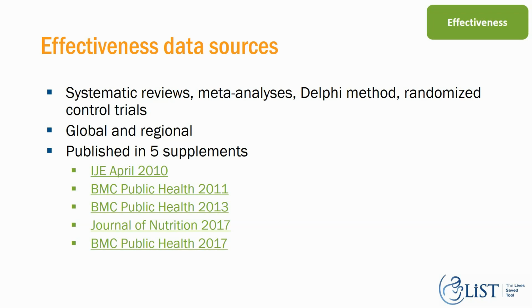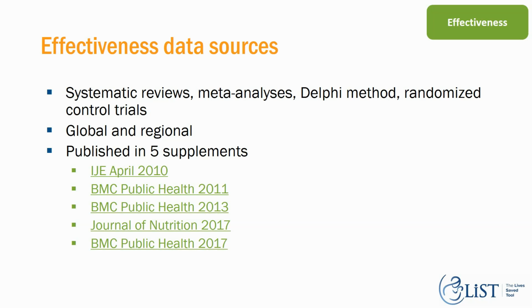The data sources for the effectiveness values that we have in LiST can be very varied. Usually it comes from systematic reviews, meta-analyses, the Delphi methods, and randomized control trials. In some cases, the estimates are global. In some cases, the estimates are regional.